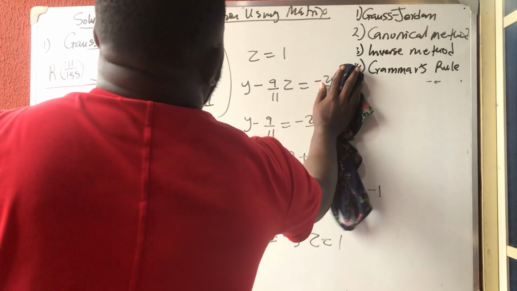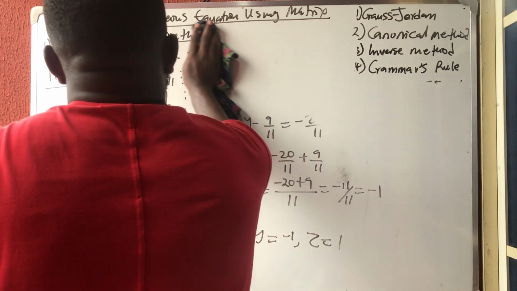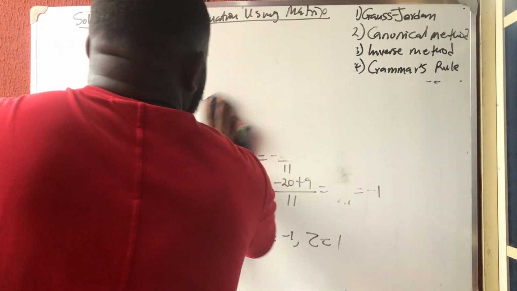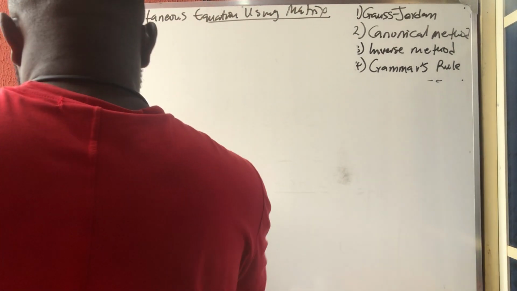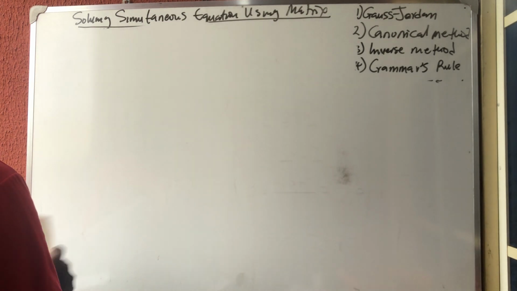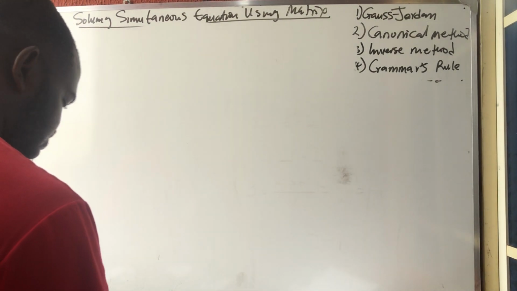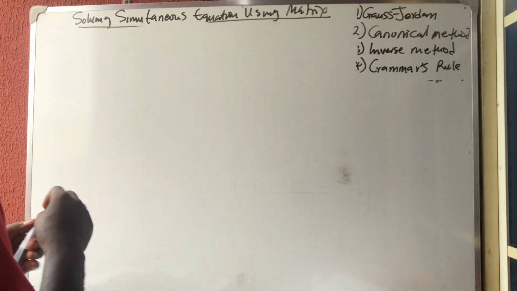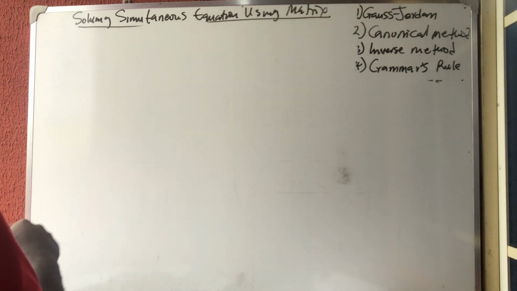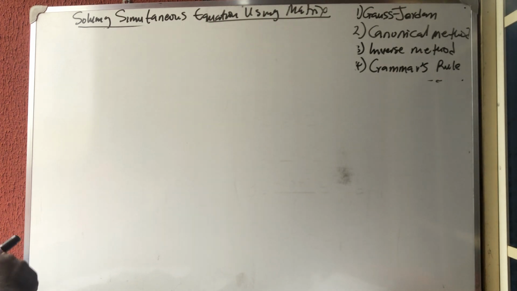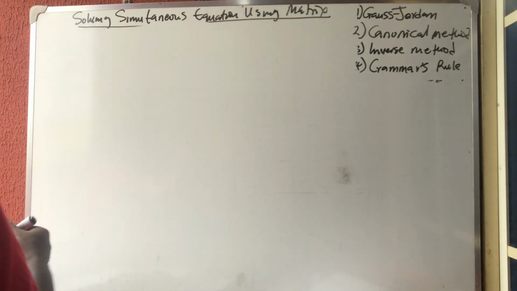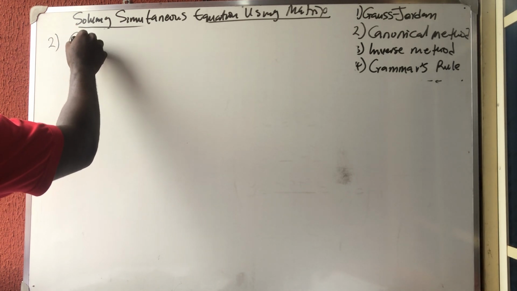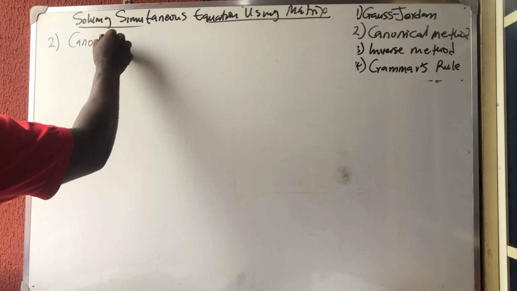So let's move to the canonical method. I told you, it's a special type of Gauss-Jordan. Canonical method is a special type of Gauss-Jordan. So let us solve that initial question again using this method. So we are going to have method number 2. The method we are using now is what? Canonical method.